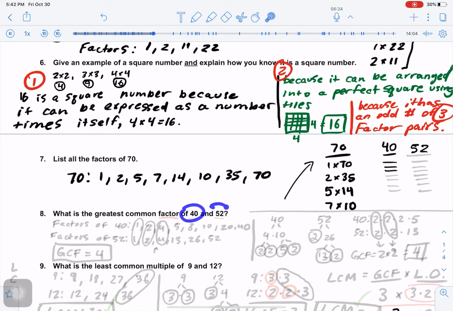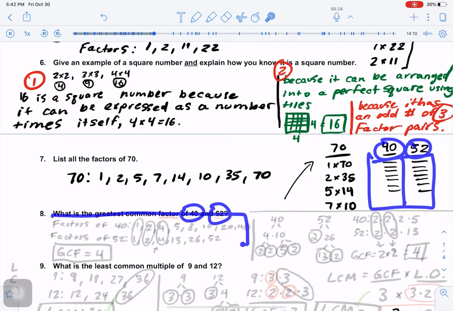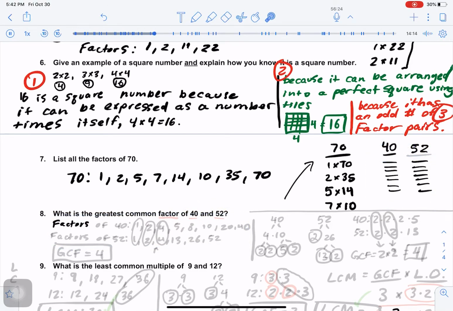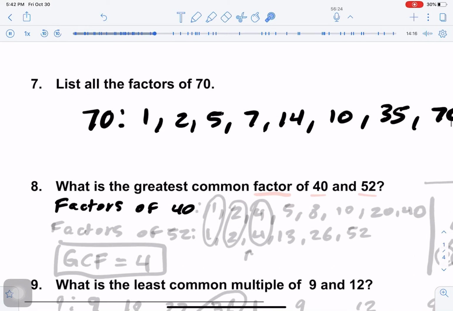When you make that list, I'm going to make sure that I put factors of 40 and factors of 52.